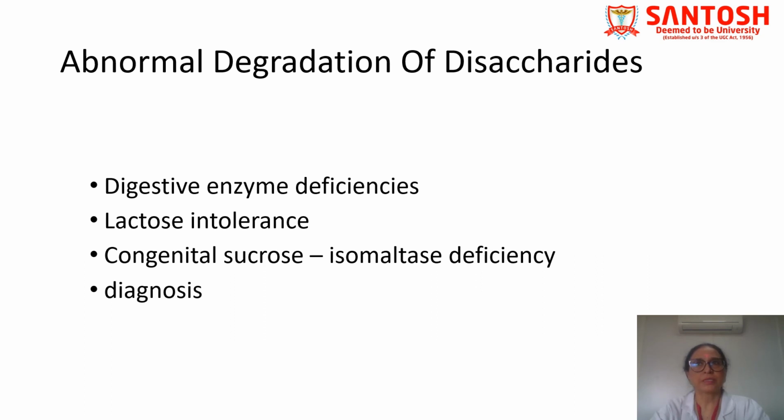If there is some problem with the degradation of disaccharides, there can be lactose intolerance, which is a major kind of intolerance. Congenital sucrase-isomaltase deficiency can also occur. Next, in the next class, we will be talking about the metabolism of carbohydrates: how glucose is metabolized, how fructose is metabolized in the body, and how you get ATP from that metabolism.